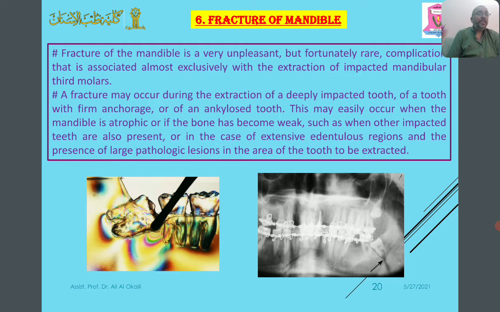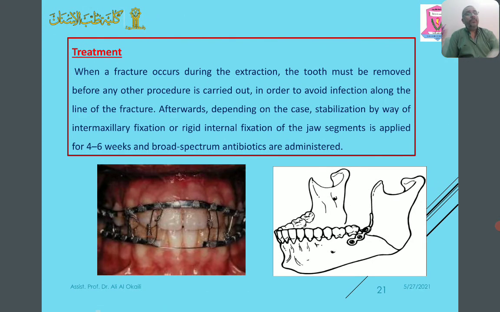And in the case of extensive edentulous regions and the presence of large pathological lesions in the area of the tooth to be extracted. مثلا عندك periapical lesion, huge periapical lesion اللي يسوي لك weakening of the surrounded bone, or ankylosed tooth, or deeply impacted tooth. هذول انت تحط ببالك the possibility of fracture of mandible. إذا صار fracture of mandible شو تسوي؟ When a fracture occurs during the extraction, the tooth must be removed before any other procedure is carried out, in order to avoid infection along the line of fracture.